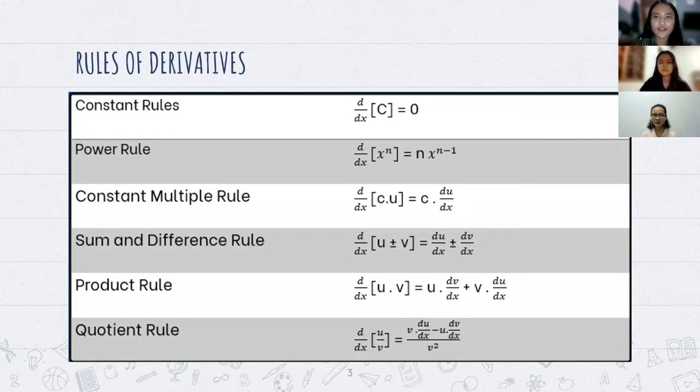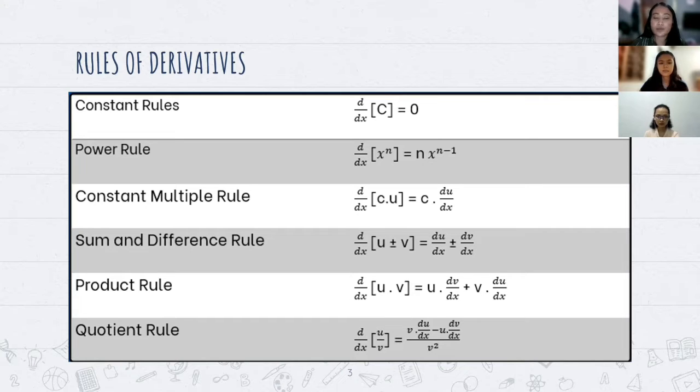Next, rules of derivative. First, constant rule: d over dx of c equals 0. Power rule: d over dx of x to the power of n equals n multiplied by x to the power of n minus 1. Constant multiple rule: d over dx of c multiplied by u equals c multiplied by du over dx.